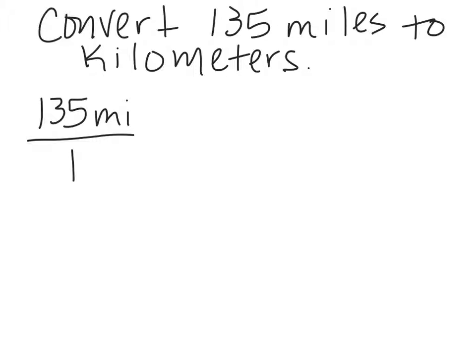Notice that I put units with my 135. Do not leave naked numbers. The only number that should be without units in your problem is the 1 that you've put underneath the 135 miles. We're going to multiply by our conversion factor that we get from our equivalency.